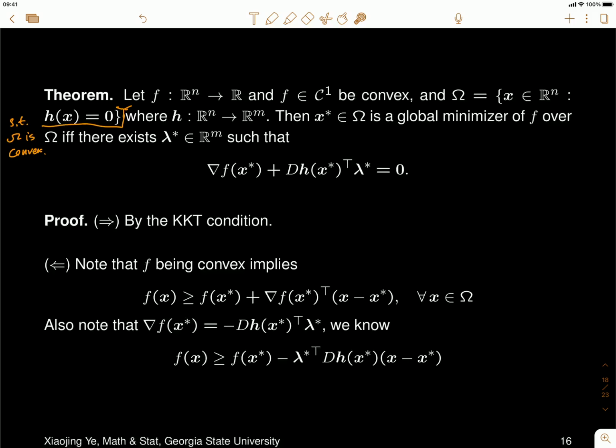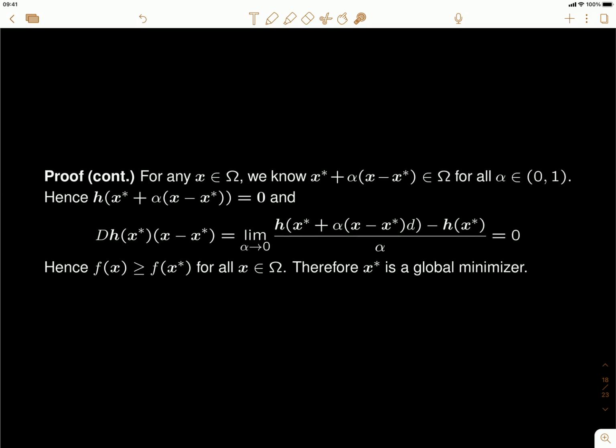Okay, now let's consider any point x in omega. Since x is in omega, I know any convex combination of x star and x is also in omega. So this is the omega, and this is my, say, x star. This is the x.